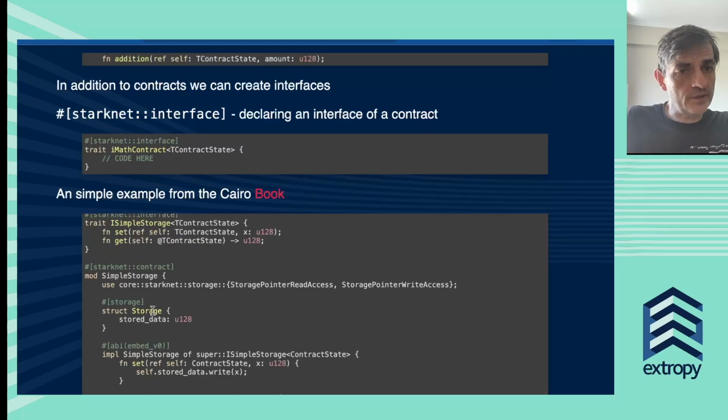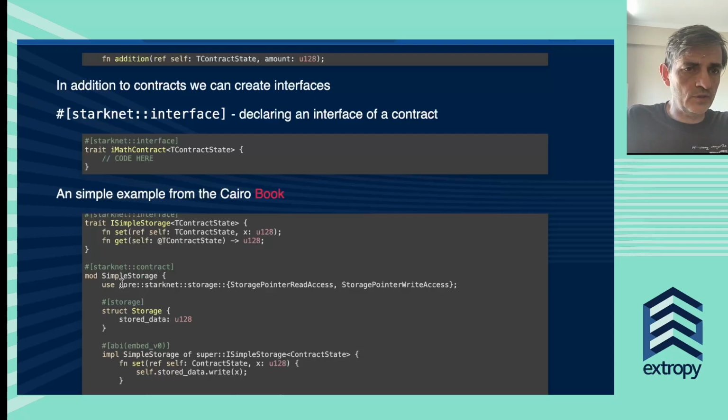So when we want to create our contract, we use an attribute to show that it's a contract. We declare this as a module, and we have the name of the contract there. So it's a simple storage, and then the interface is iSimpleStorage. It's the convention tends to be used. We can use other modules. We can bring in other modules. So here we need to use a module for this storage.